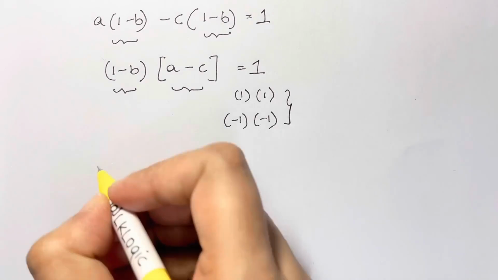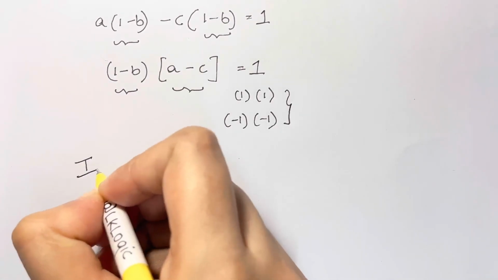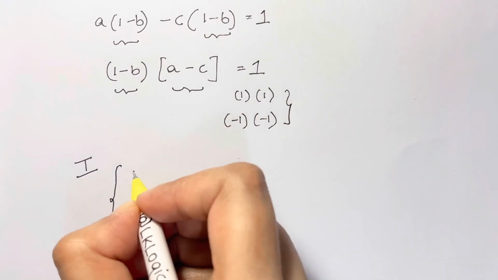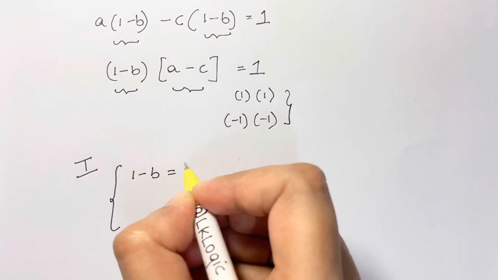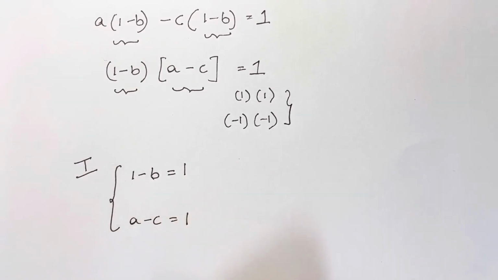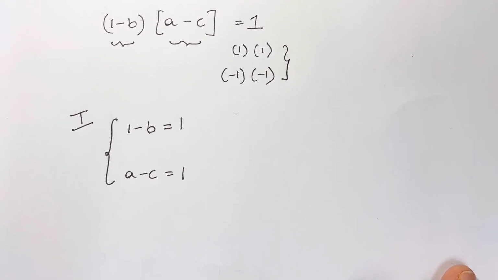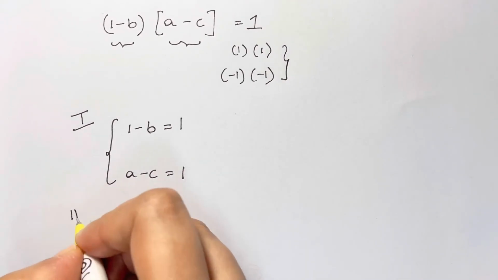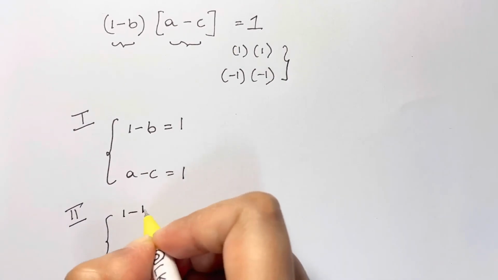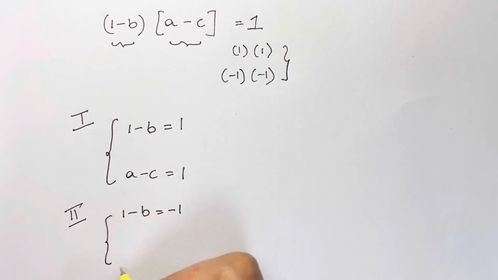The first case is 1 minus B is equal to 1 and A minus C is equal to 1. And the second case would be 1 minus B is equal to negative 1 and A minus C is equal to negative 1.